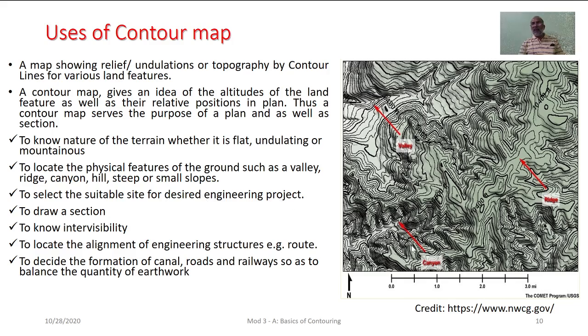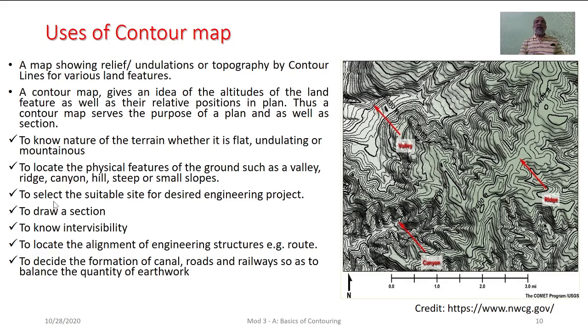For example, this is a deep canyon. If we consider some structure creating storage here, this could be impoundment of water. So this site will be appropriate for a dam-like structure.